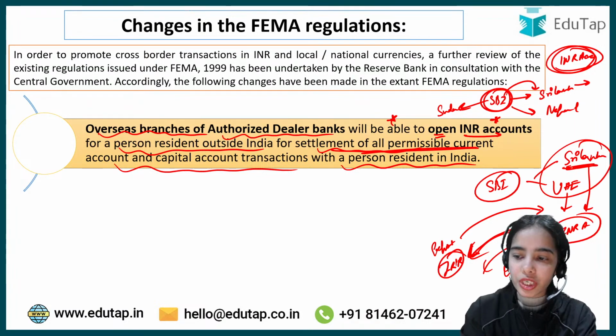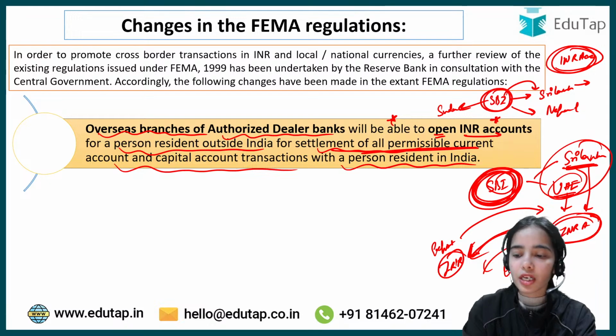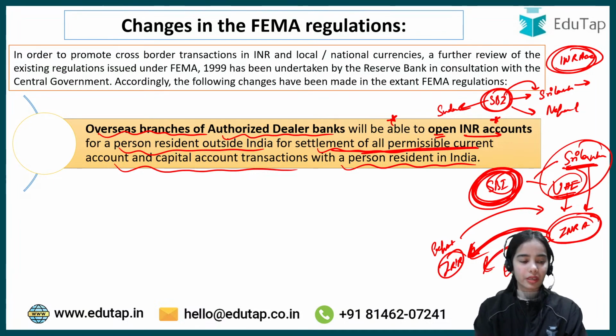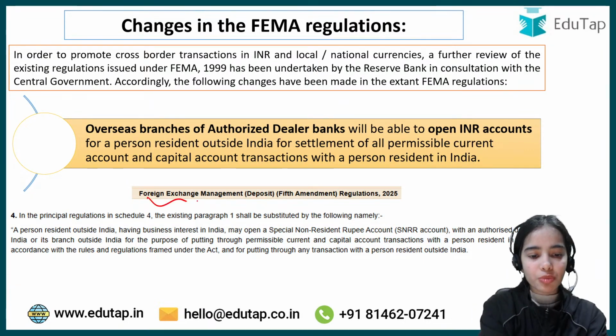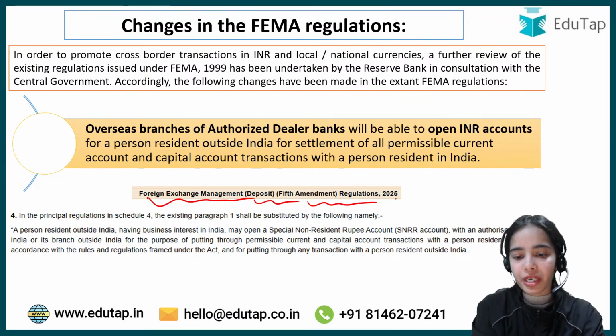Okay, so the Sri Lankan citizens or the UAE citizens, let's say they have the INR account opened with the overseas branch of the authorized dealer bank. So this INR account can be used to pay to India. Now for this, the FEMA regulation has been updated. So the Foreign Exchange Management Deposit 5th Amendment Regulation 2025.